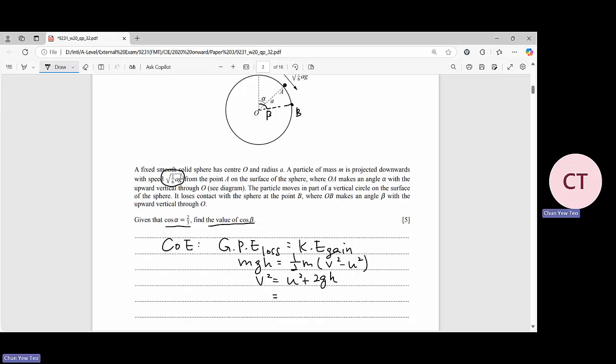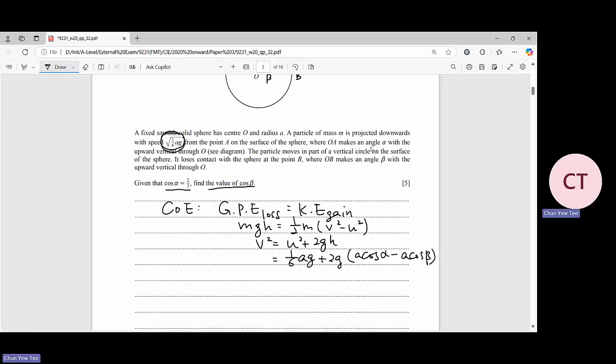Your u is given over here, so it's 1/6 ag. Your h will be a cos alpha minus a cos beta. The question gives you that cos alpha is equal to 2/3.